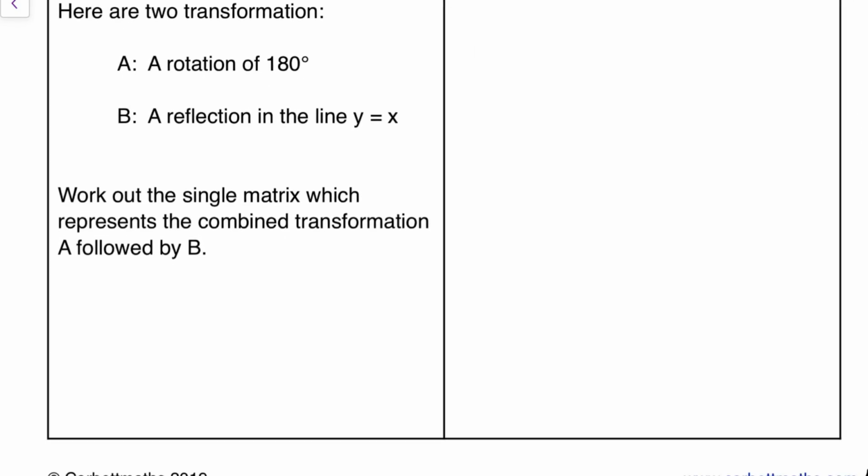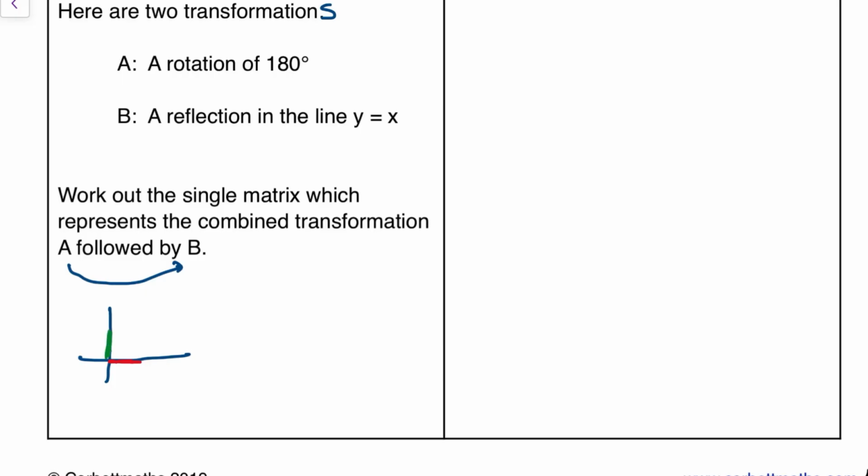Next question. Okay, so the next question says here are two transformations. A is a rotation of 180 degrees, B is a reflection in the line y equals x. Work out a single matrix which represents a combination of the transformations A followed by B. Right, the way I'm going to do this is I'm going to think about what happens to 1, 0, and to 0, 1.